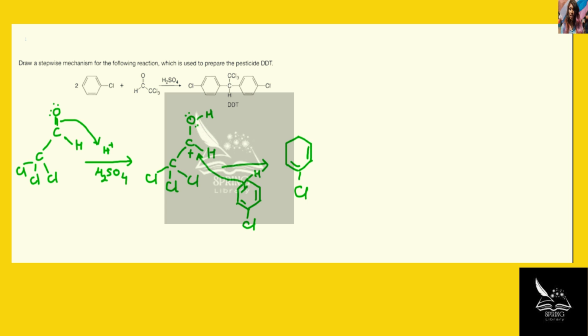and one carbon which is now attached to the benzene ring with the OH group on one side and hydrogen on the other side, and one part trichloro will be here.